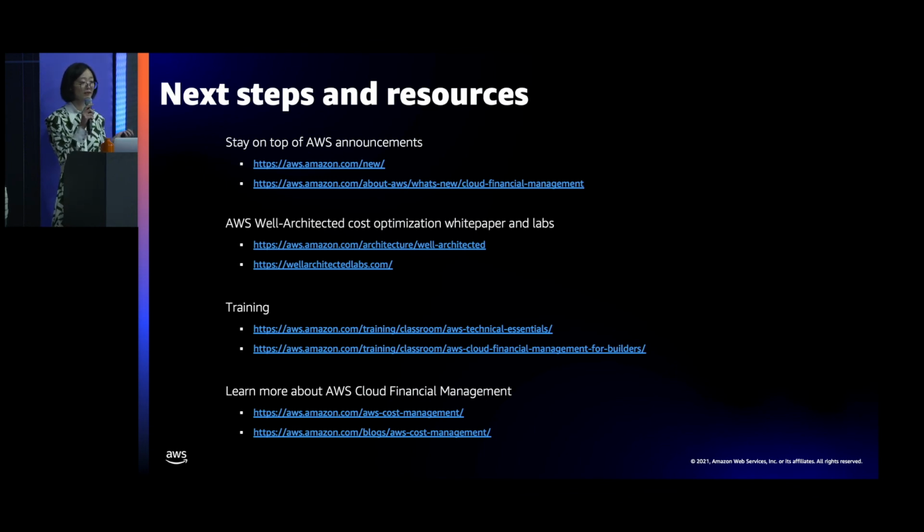There's even a Well-Architected lab, designed for you to have hands-on practice with the tools and strategies we talked about today. You can also sign up for trainings, and there's a web page about cloud financial management.